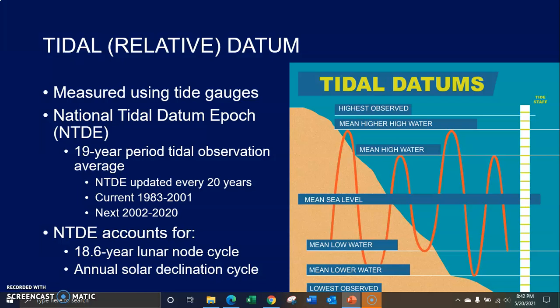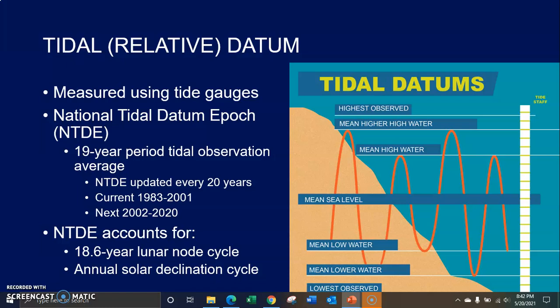The local sea level is based off of a tidal datum. So you're measuring these different tides, and we can see in the diagram here different aspects of the tides that are measured. What most people are familiar with, and what we dealt with in the course, was mean lower water.